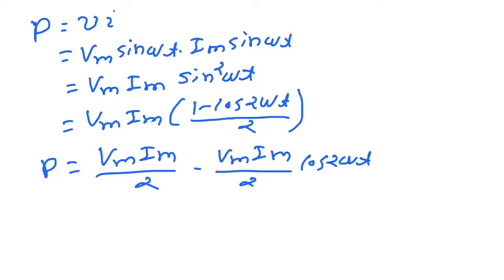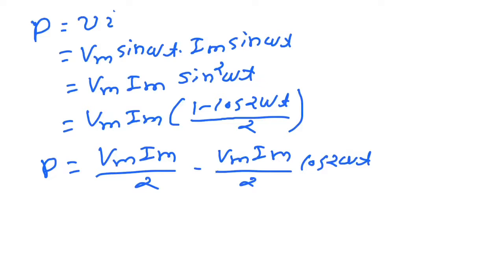So instantaneous power has two parts. The first is the constant part and the second is the fluctuating part. The average value of this fluctuating part is 0 over one complete cycle, because it contains the term cos 2 omega t, and the average value of cos 2 omega t over one complete cycle is 0.